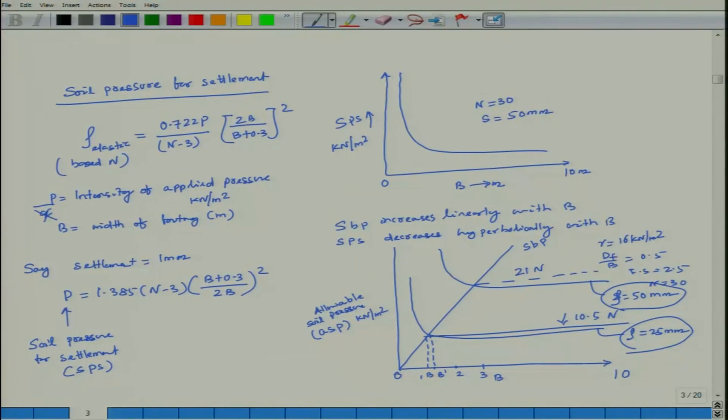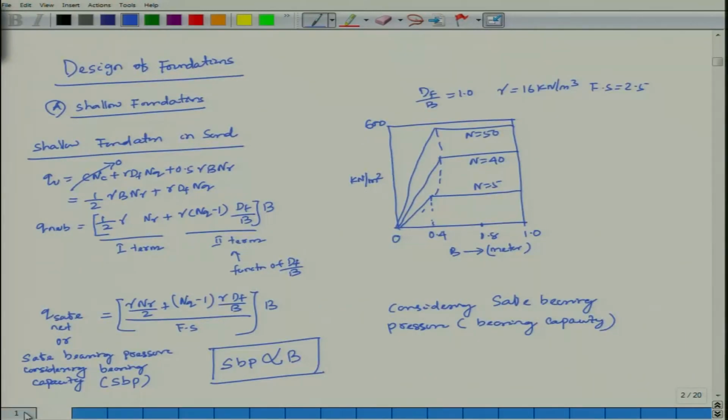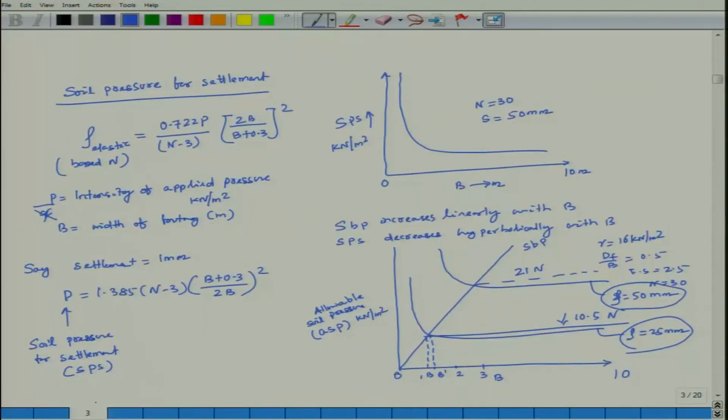This is what we have derived for sand, particularly for shallow foundations. In sand we will go shallow foundation, in clay, then mat, raft, all will go step by step.